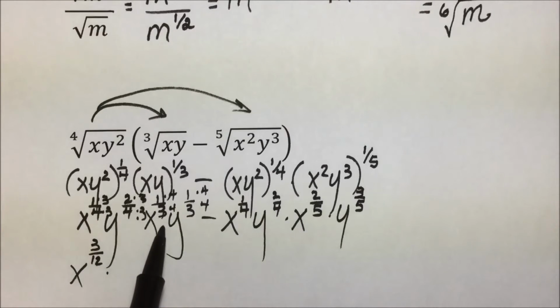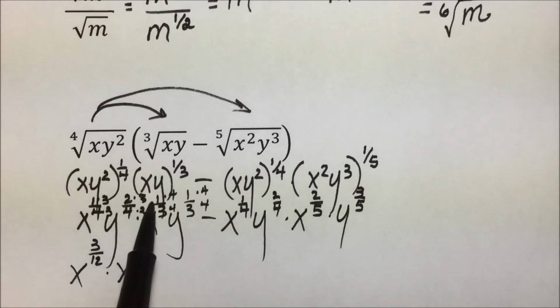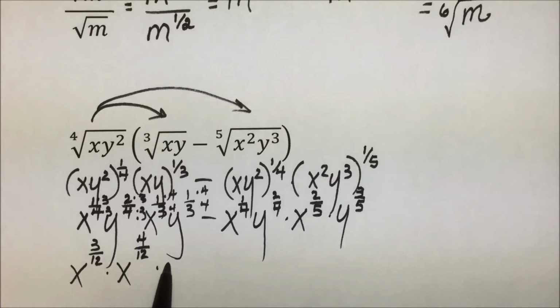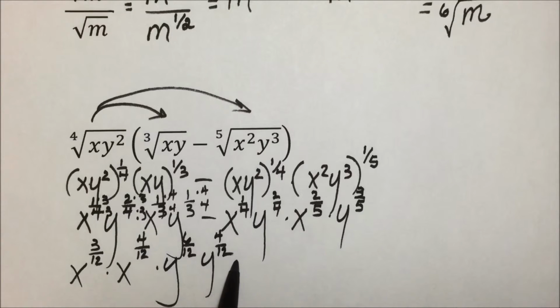I'm going to bring this x next so that I have my common bases next to one another. It was to the 1/3. It is now to the 4/12. Y to the 2/4, multiplying top and bottom by 3 gives us y to the 6/12, and y to the 4/12 when we do a little commutative property and put our like terms together.